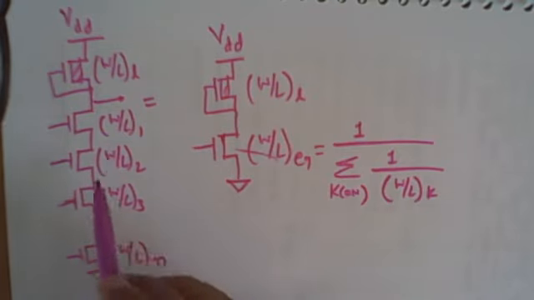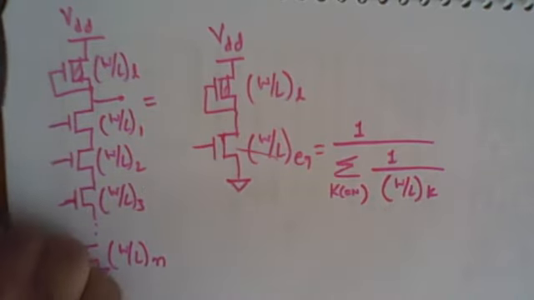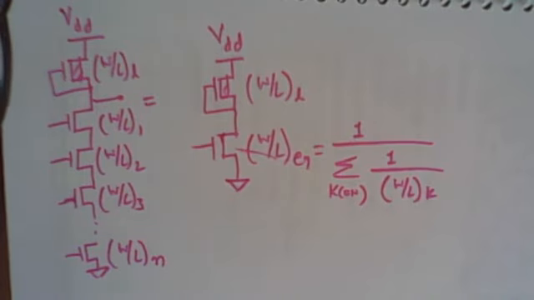Whenever MOSFETs are connected in cascade, we have to find the equivalent W upon L. This formula is similar to finding the parallel connection of resistances. So whenever MOSFETs are in cascade, we use the parallel resistance formula to find the W upon L equivalent. And whenever MOSFETs are connected in parallel, the equivalent W upon L is the addition of all the W upon L of the individual MOSFETs. So this formula is similar to resistors connected in series. It is very important.